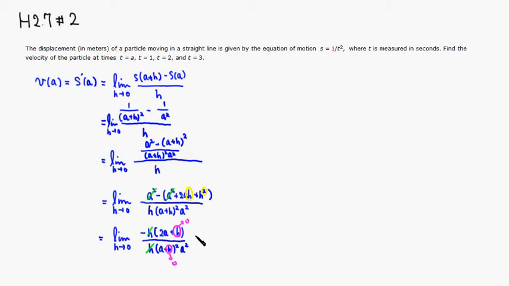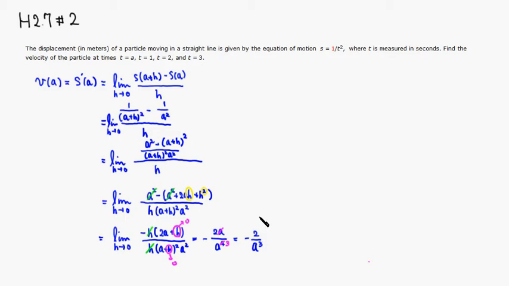So there's a negative sign and you have 2a on top, and you have a squared and another a squared, so a to the 4th power. We can cancel one of the a's, so that's going to be cubed, and you end up with negative 2 over a cubed.